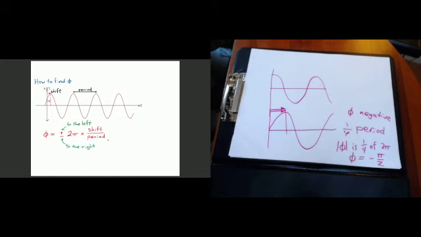So you just take the fraction. In our example, it was a quarter period, but in general, you could take the shift divided by the period, and then you just multiply that by 2 pi, because an entire period shift would be a 2 pi phase shift. Then depending on whether it's to the left or to the right, use the positive sign or the negative sign.